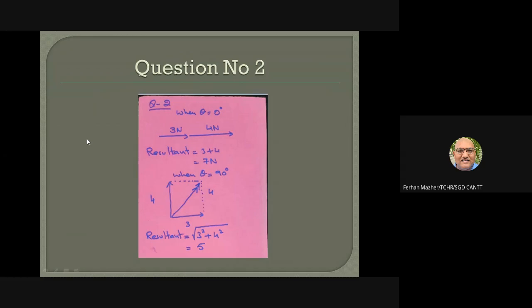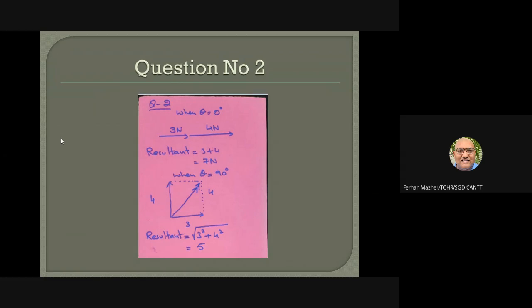So see, the maximum answer when the angle is 0 will be 7 Newton, and when the angle is 90, the answer will be 5. So when the angle varies from 0 to 90, the resultant will vary from 7 to 5.